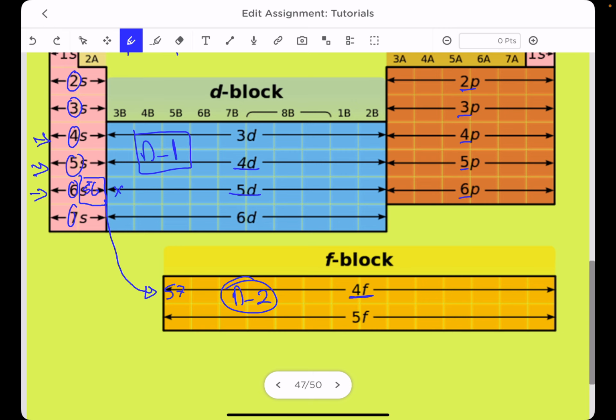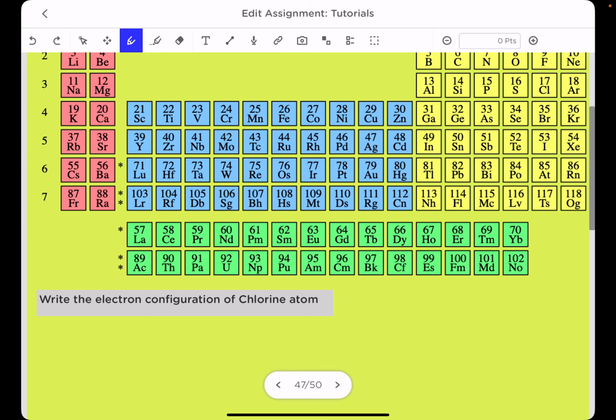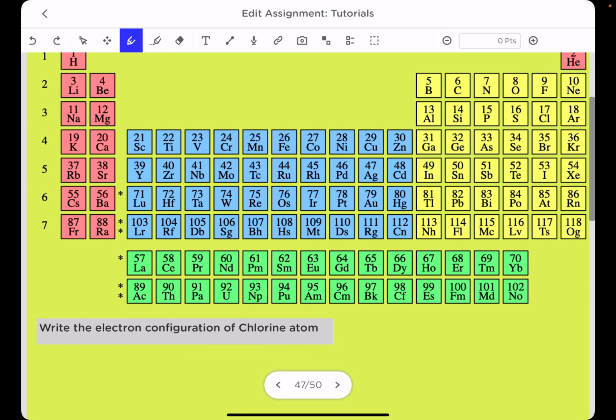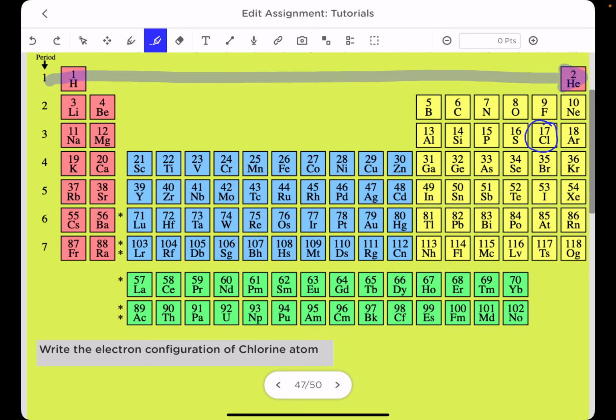Let me just give you a simple example. Let's say you are asked to write the electron configuration of the chlorine atom, which is the one over here. So this is the technique that you will follow. In order to write the electron configuration of chlorine, I need to fill those boxes with electrons here, all the way the 2p, all the way the 3s, and all the way the 3p until I reach Cl.